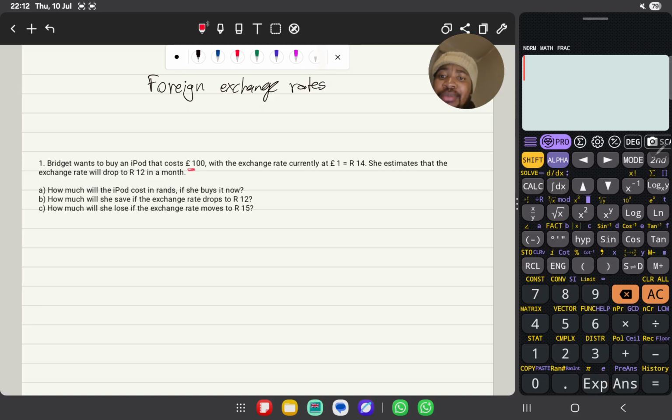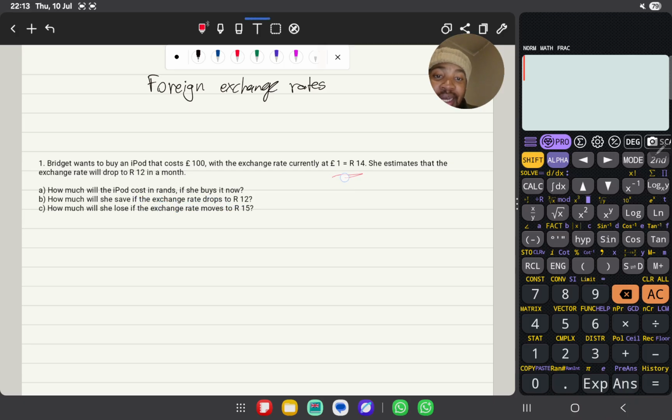Yes, it is a pound, not euro. So it costs £100, and the current exchange rate is that £1 equates to 14 rands. She estimates that the exchange rate will drop to 12 rand in a month. How much will the iPod cost in rand if she buys it now?